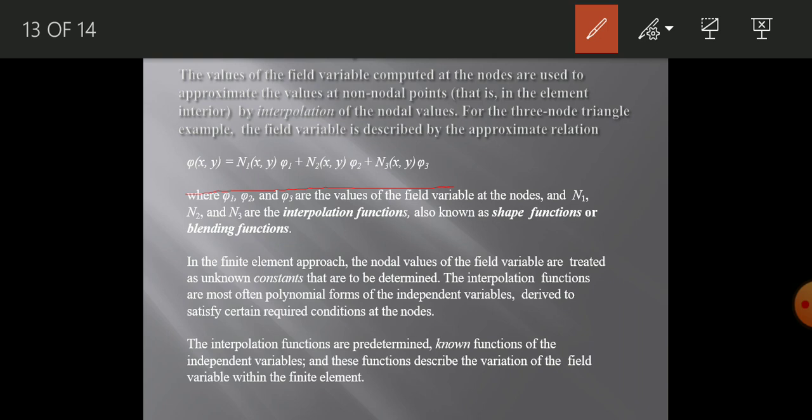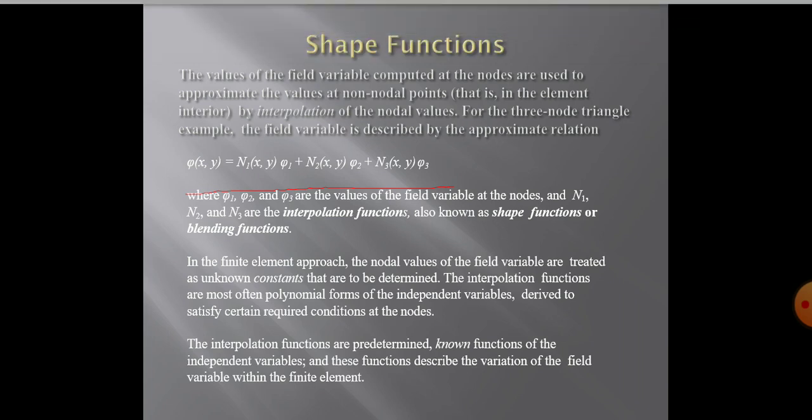The interpolation functions are predetermined known functions of the independent variable, and these functions describe the variation of field variable within the finite element. So you can see in this equation N1, N2 and N3 are the shape functions.